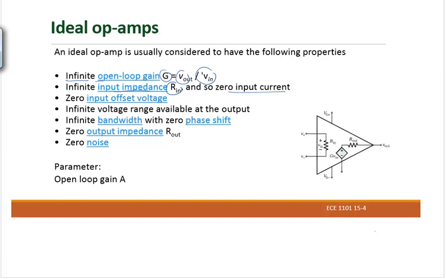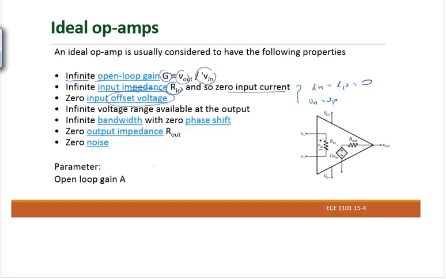That's why the current going into the inputs is 0. The input offset voltage is equal to 0. We're gonna come back to these two terms. One of them is IN equals IP equals 0. The other one is the input voltage is 0, meaning VN will be equal to VP.